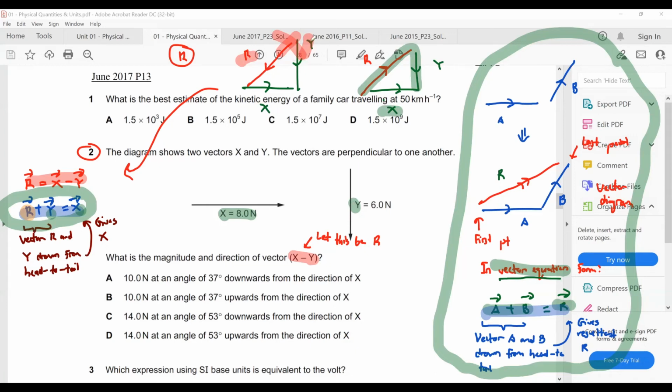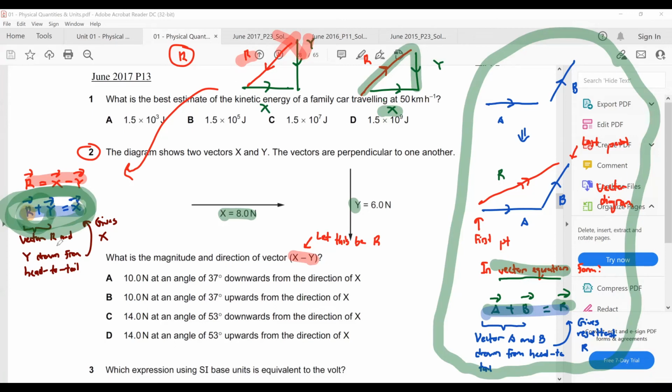Can you roughly get the concept here? What I'm basically trying to do is work out by trial and error how the diagram would look, such that I know that these two vectors drawn head to tail will give me this.